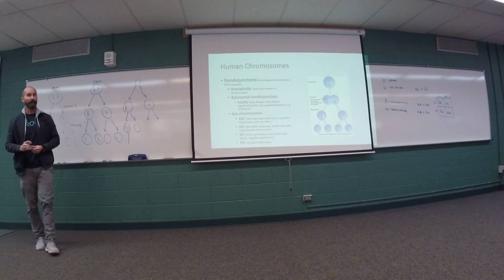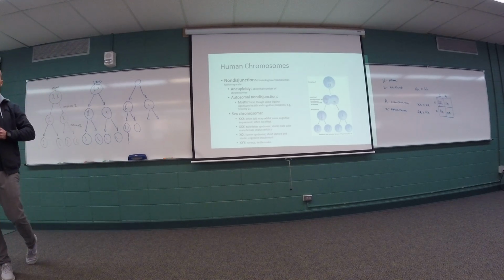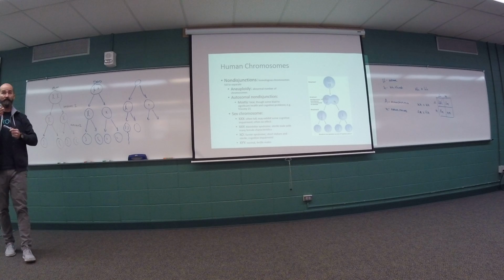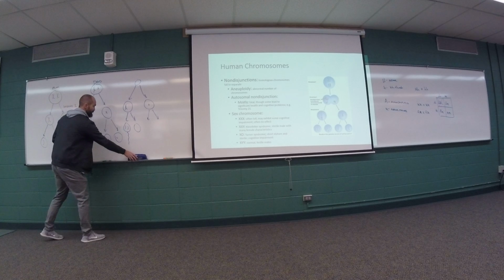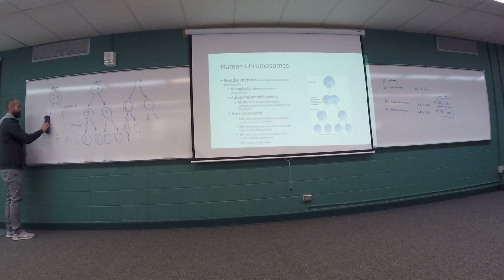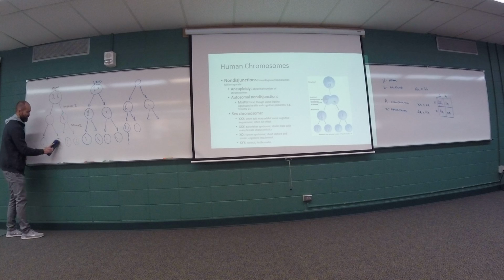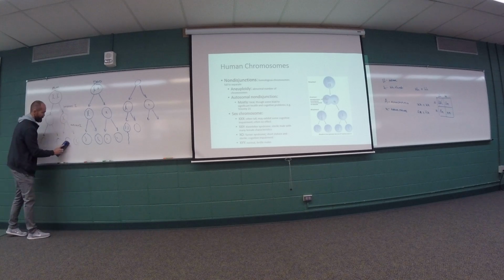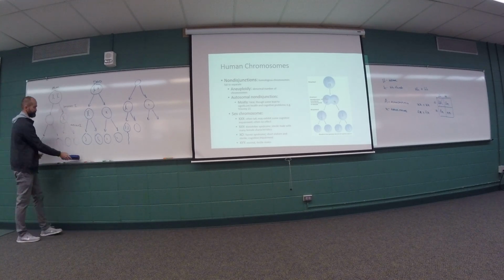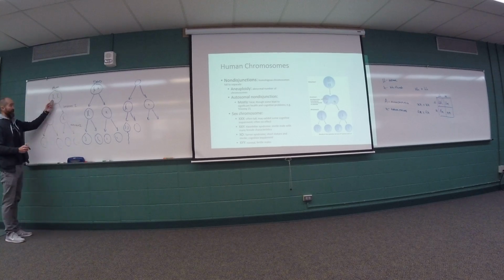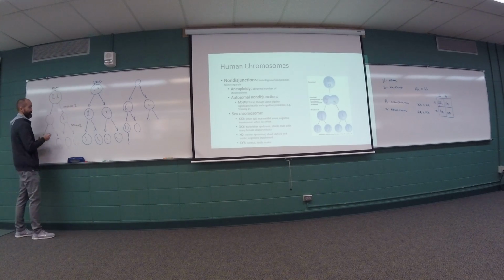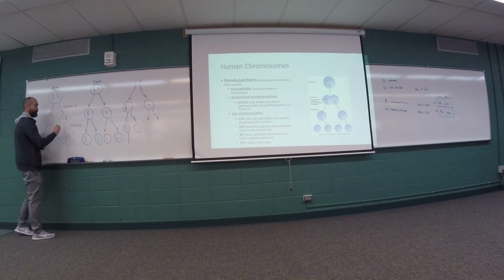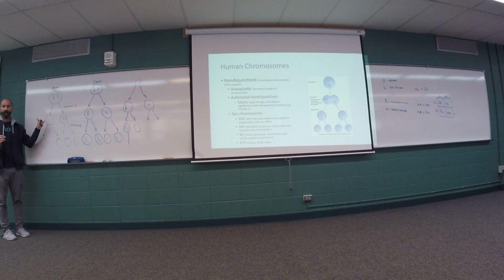If it's mom's fault, where did that non-disjunction event occur? Could be meiosis 1, or it could be meiosis 2, right? Because if it occurs in meiosis 1, what that looks like is this. So instead of mom passing one X chromosome into both, she passes two X chromosomes into one and nothing into the other, right?